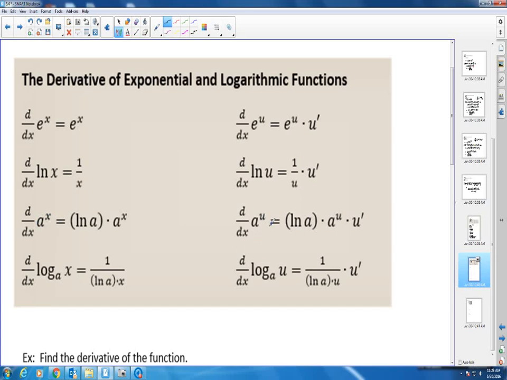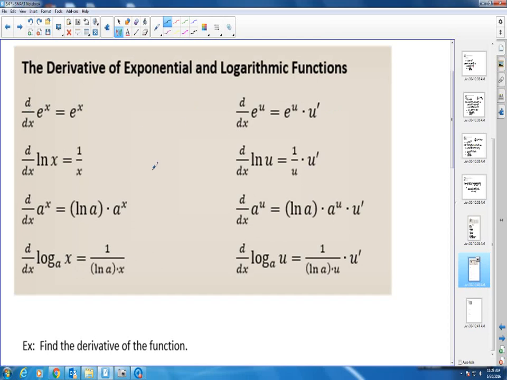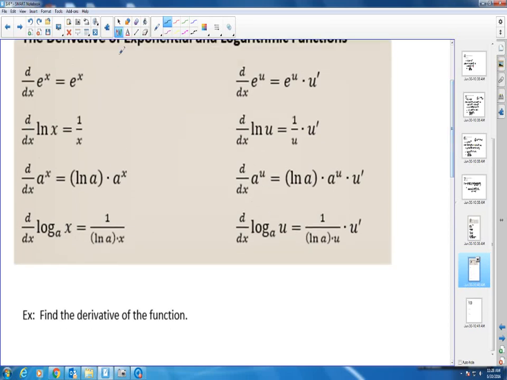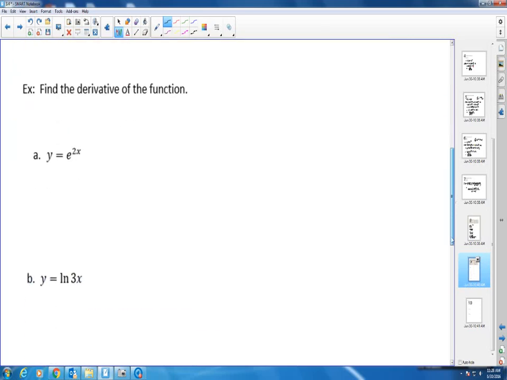Alright, if I rewrite it with a u, again that would be natural log of a times itself, and then times u prime, the derivative of the exponent. Okay, I don't want to get too far, because I want to start from the top here. I'm going to keep coming back to this. Just to show you what the formula is.